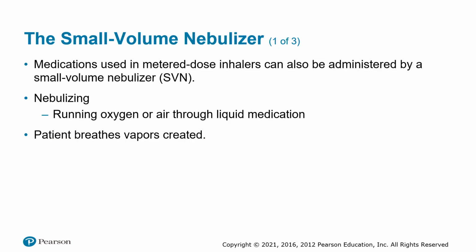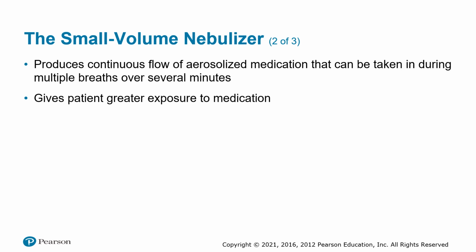So small volume nebulizers, this is the same kind of medications that are used in the metered dose inhalers. They just last a little bit longer, and it's run through oxygen. It produces a continuous flow of that aerosolized medication that can be taken in during multiple breaths, or over several minutes.